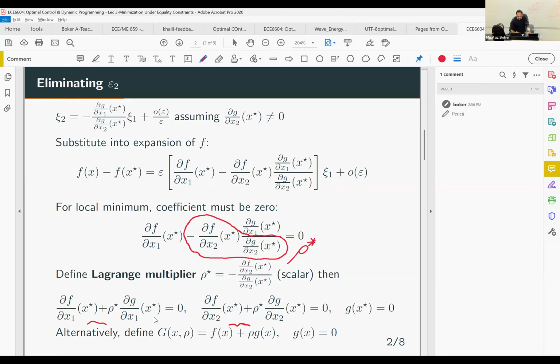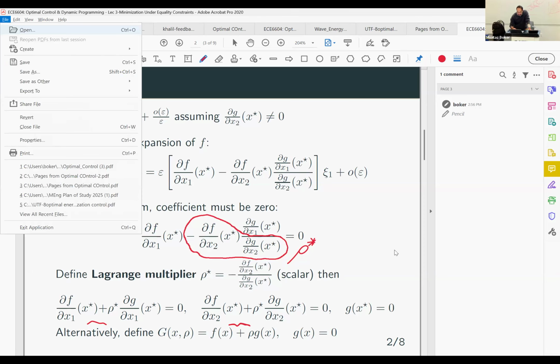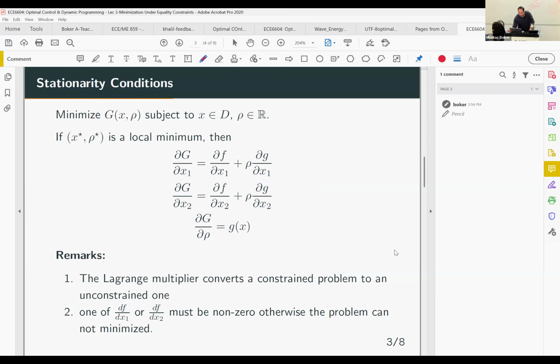So define now capital G as a function of x and rho, which is going to be equal to f plus rho g, and g of x is equal to 0. Now here are what we call the stationarity conditions. Now we are going to reframe the optimization problem of f satisfying the constraint into this problem.